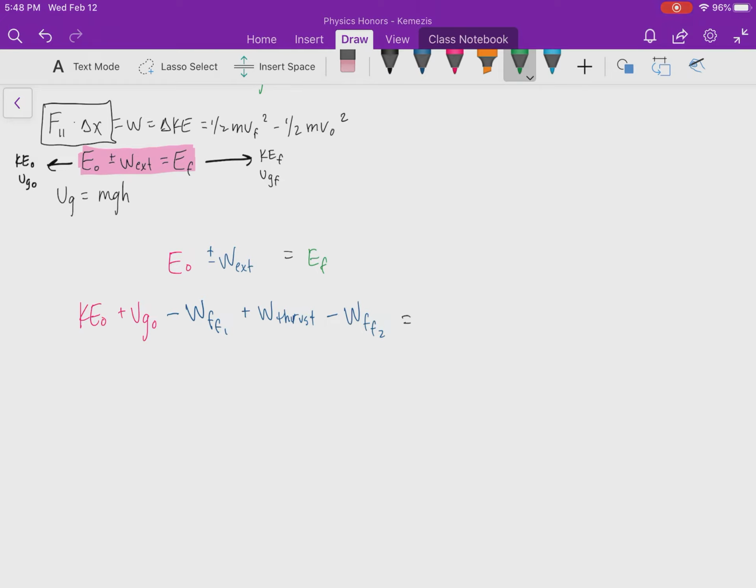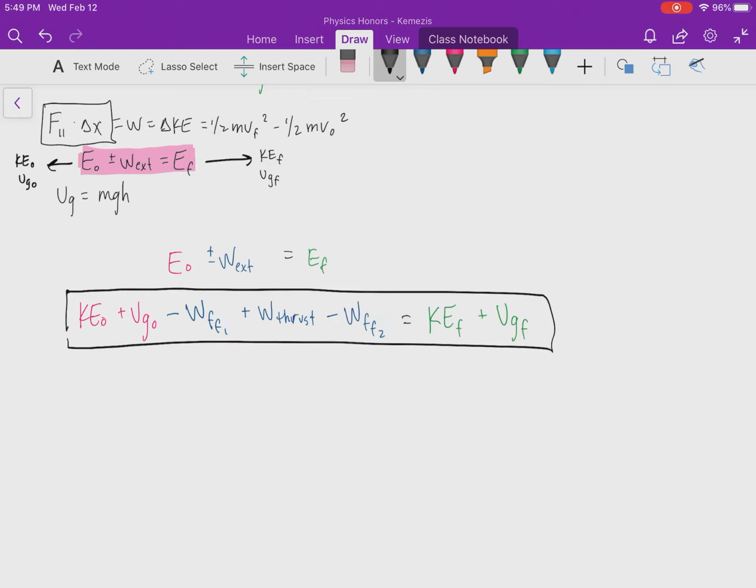And again, when we're talking about the energy, we're talking about the kinetic energy plus the potential energy, and in this case we're talking about the finals. Okay, so this is our big equation right here. This is the physics of things.